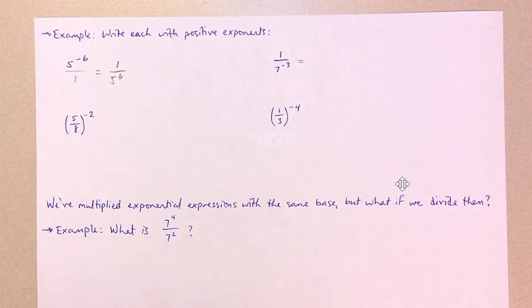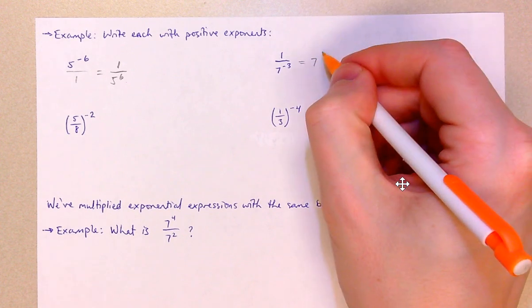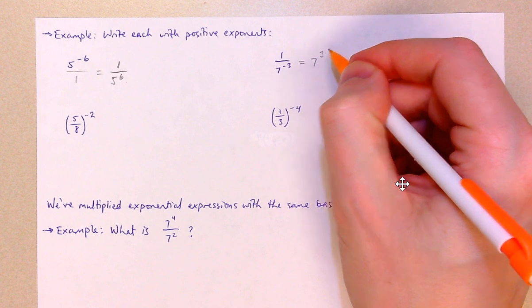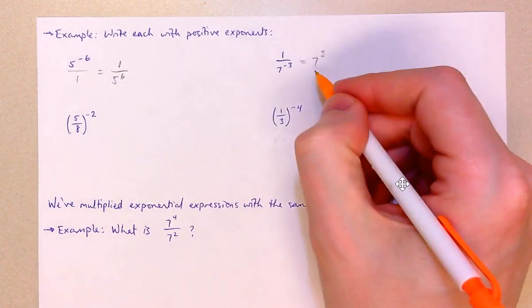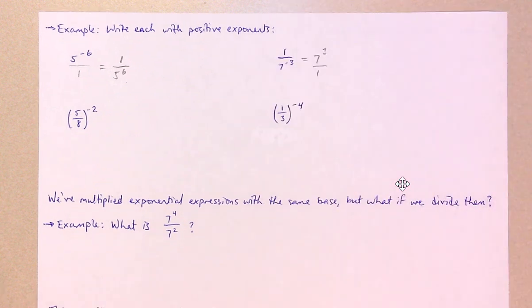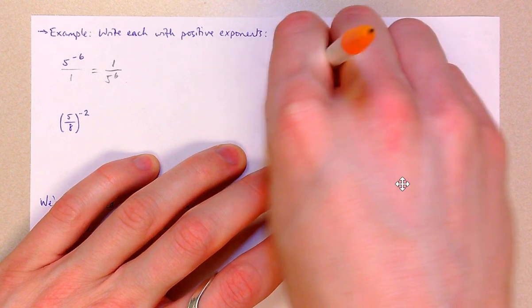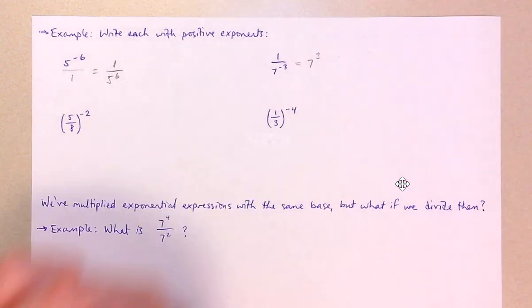That will remove the negative sign in the exponent. So this is the same thing as 7 raised to the power of 3. We could say it's 7 to the power 3 divided by 1, but we know that it's the same thing as just 7 raised to the power of 3.